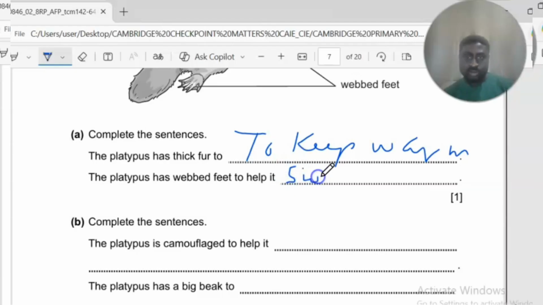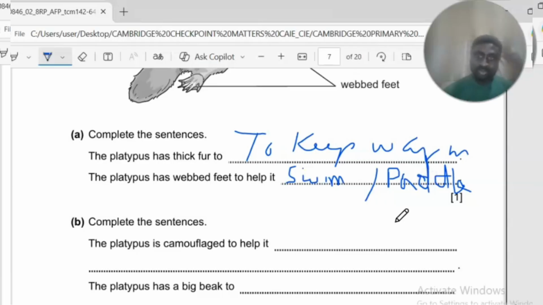For swimming in water, or you could say to paddle in water. To paddle. P-A-D-D-L-E. To paddle. Alright, so when you do this, you earn the 1 mark here.